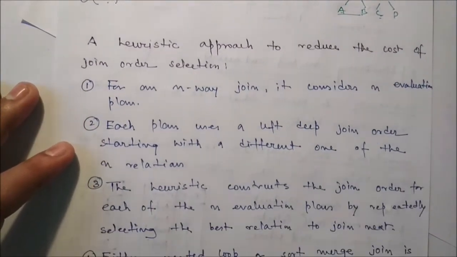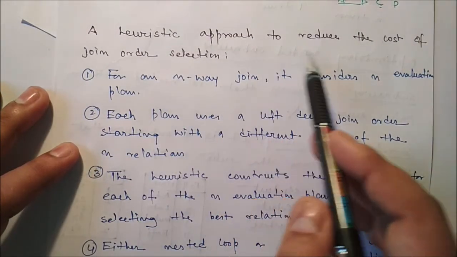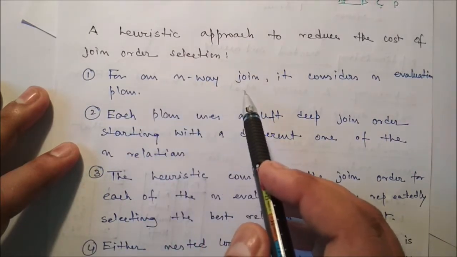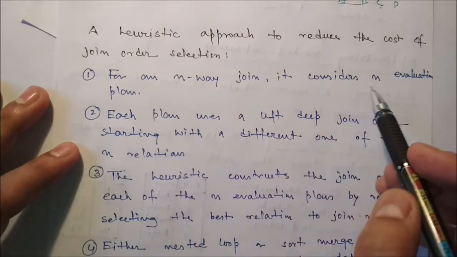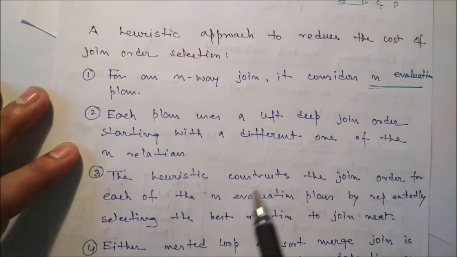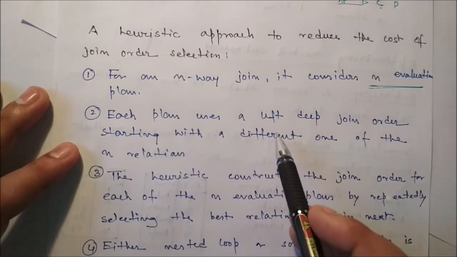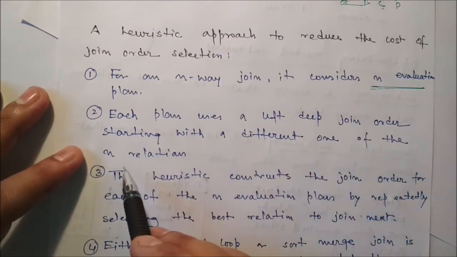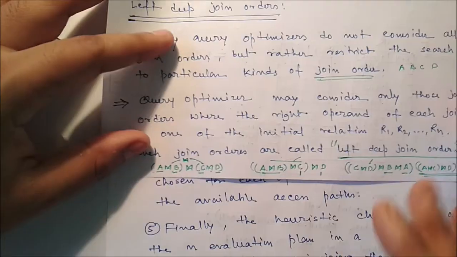Next, a heuristic approach to reduce the cost of join order selection. Now you can see for an n-way join, it considers n evaluation plans. So definitely n evaluation plans must be there. Each plan uses a left deep join order starting with a different one of the n relations.